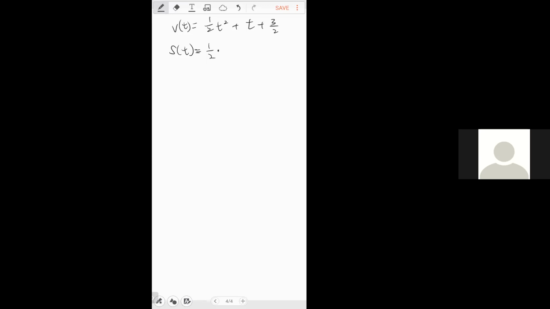What is the antiderivative of t squared? It would be just 1 over 2 plus 1 times t to the 2 plus 1. Plus the second term, the antiderivative of t should be 1/2 times t squared. The antiderivative of 3/2 is just 3/2 times t. And don't forget the constant. Let's call it C2. Questions?